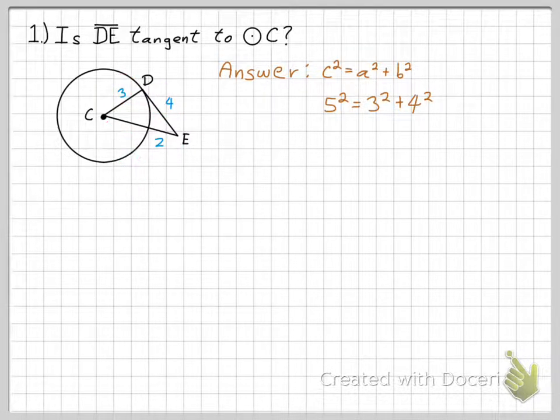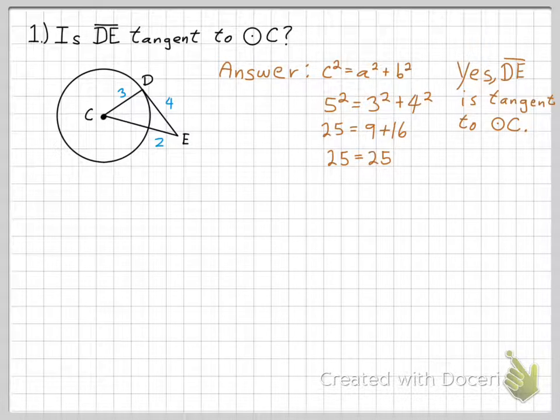But let's just complete the Pythagorean theorem. We have 25 is equal to 9 plus 16, and yes, 25 is equal to 25. Therefore, yes, line segment DE is tangent to circle C.